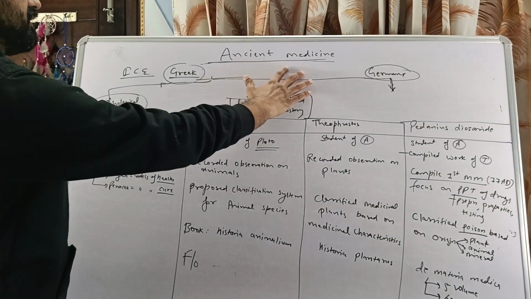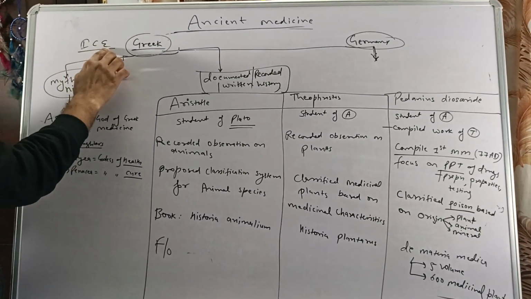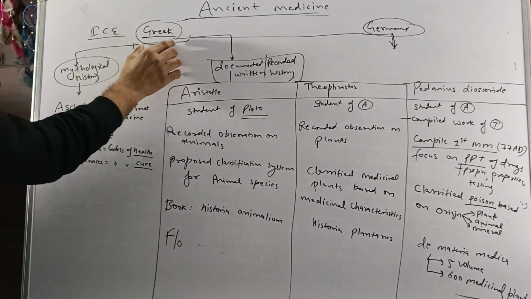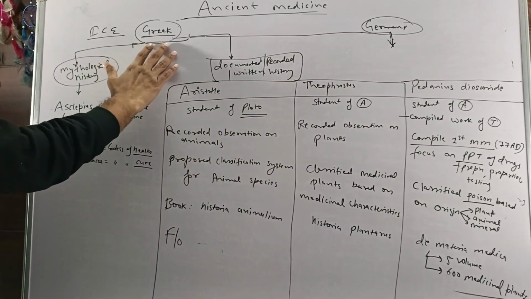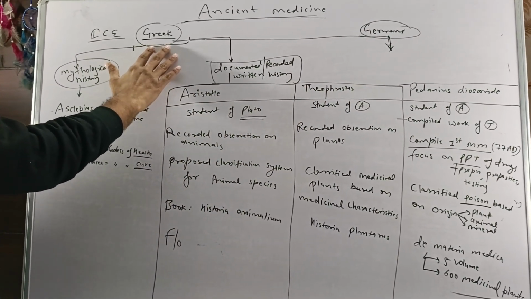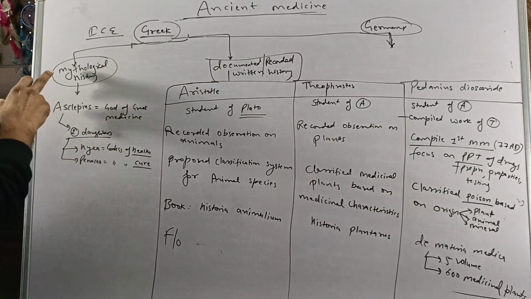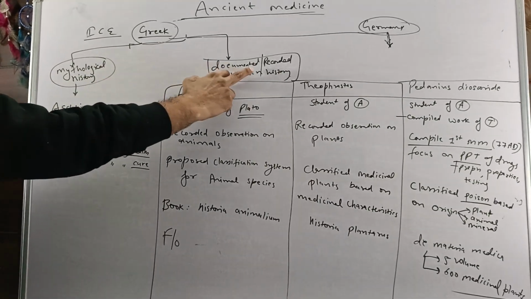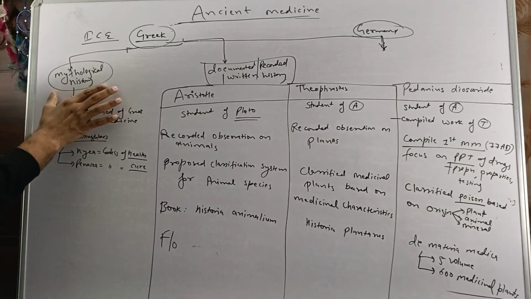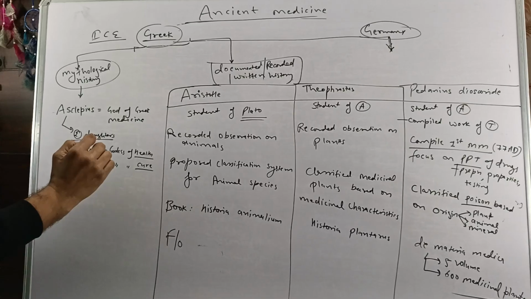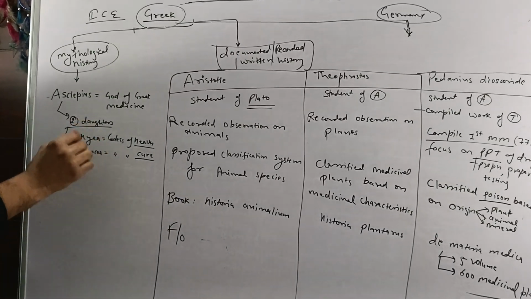So in ancient medicine, after the Indian, Chinese and Egyptian texts, we are left with Greek and German. Greek ancient medicine has two origins: mythological history and written or documented history. Mythological history is similar to Indian, like the god of Indian medicine Dhanvantari.